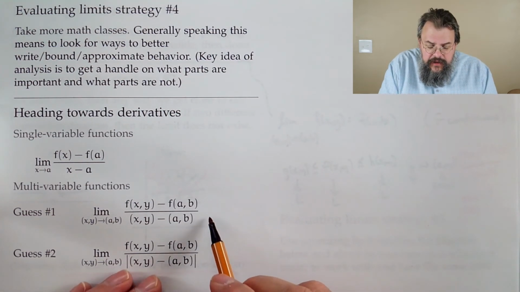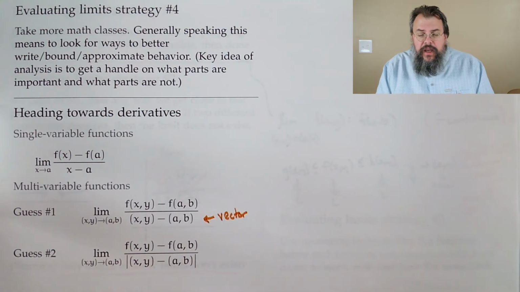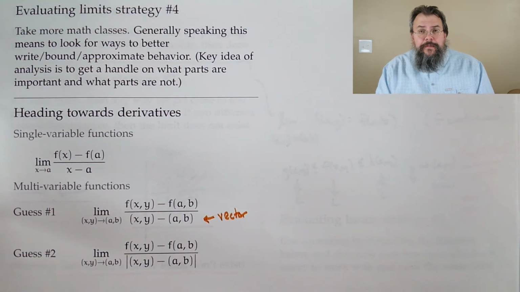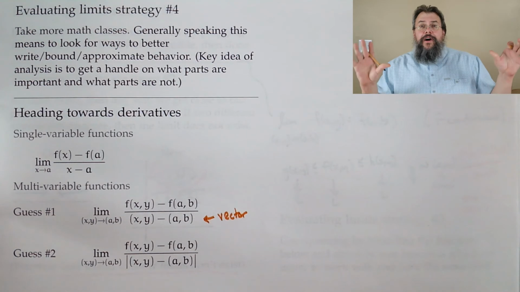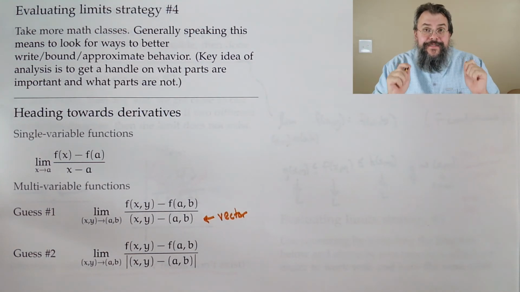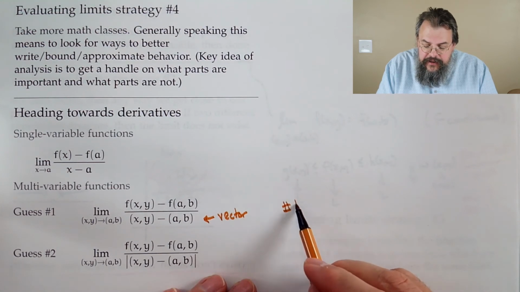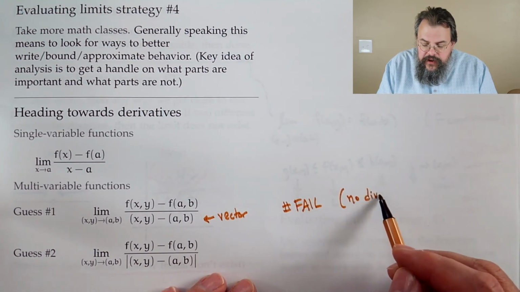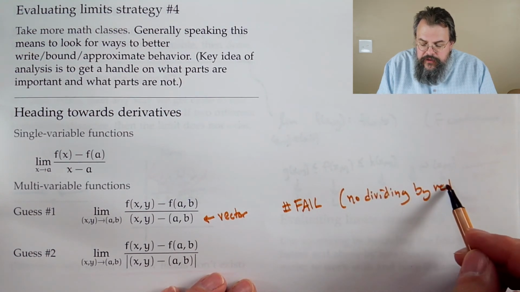Well, we can think of this as a vector. And we say, okay, that kind of makes sense. But now we have our problem. We have a number divided by a vector. And we're like, whoa, we can't divide by vectors. So this is a #fail. No dividing by vectors. Okay, so we can't do our derivatives this way.